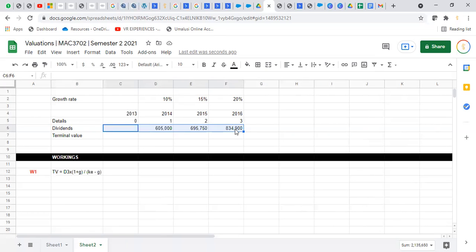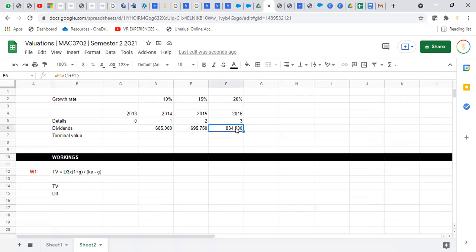So just take note of that. So that means to get my terminal value, I need D3. Why do I have D3? I take the last cash flow of the explicit period. The last cash flow of the explicit period is year 3. Call it D for dividends. So this is the dividends of year 3.